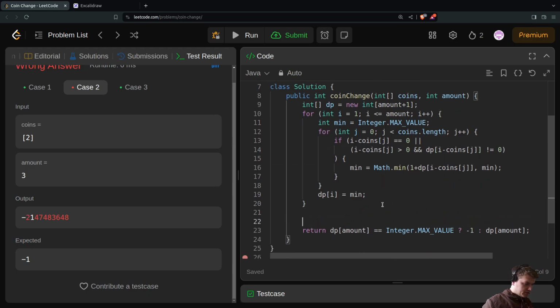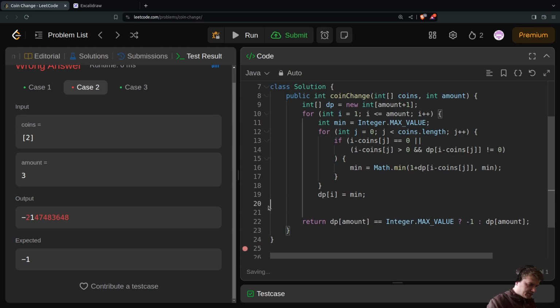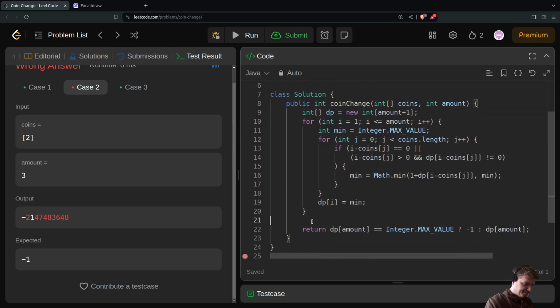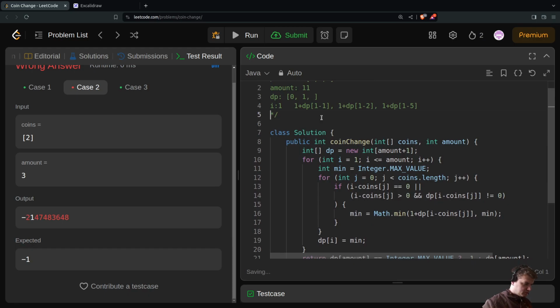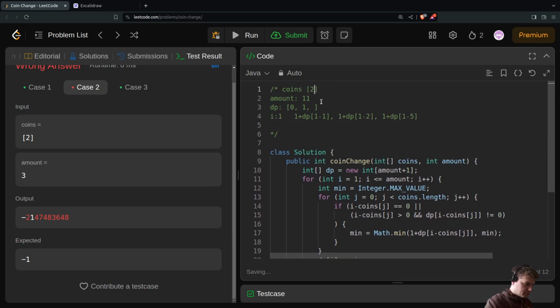So I want to check the array dp of 4 and i equals 0. Let's paper trace it. Better paper trace it. So I have coins, just 2, amount 3. So i is equal 1, minimum equals integer max value. For j equals 0, j less than coins length, j plus plus, if i minus coins j equals 0.